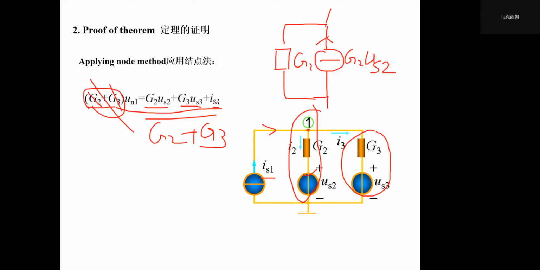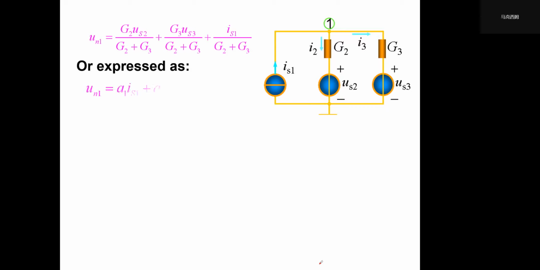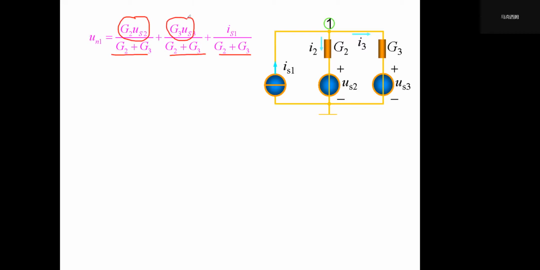We rewrite it here, and we can see they all have the same denominator. This one is from the second branch, this one is from the third branch, and this one is from the first branch. So it contains those three individual contributions.